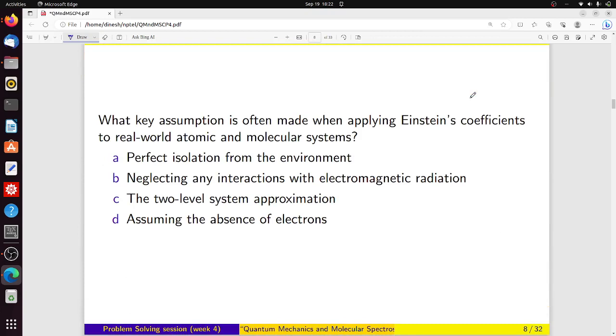Okay, coming to the next question. What key assumption is often made when applying the Einstein coefficient to real world atomic and molecular systems? These are the options.